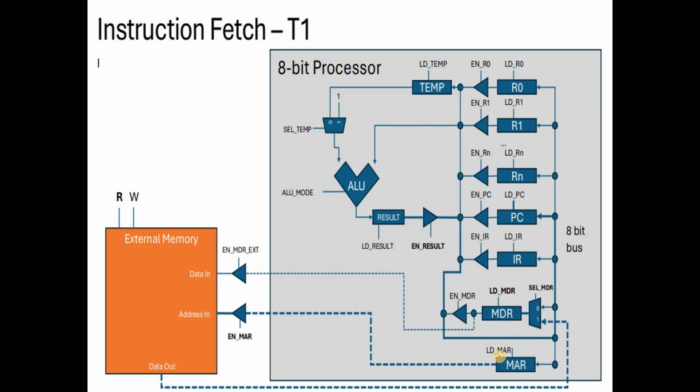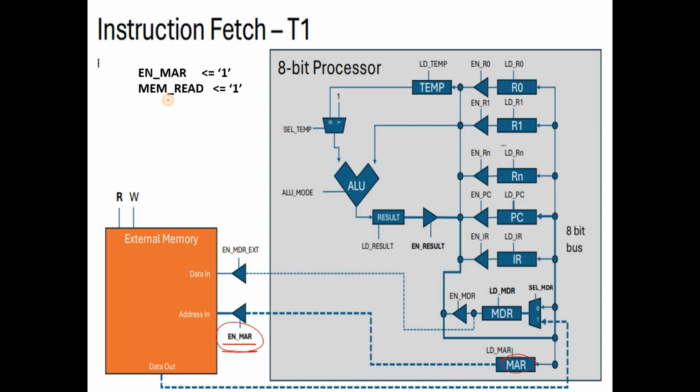First, what's happening is we are enabling the MAR, because we stored the value into MAR, right? And now we want to perform the read operation on it. So we're going to enable MAR, and then perform the read operation.